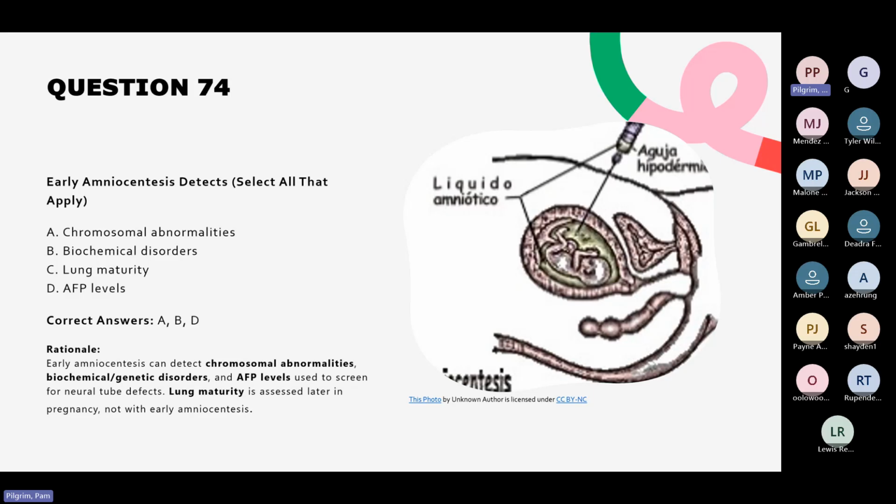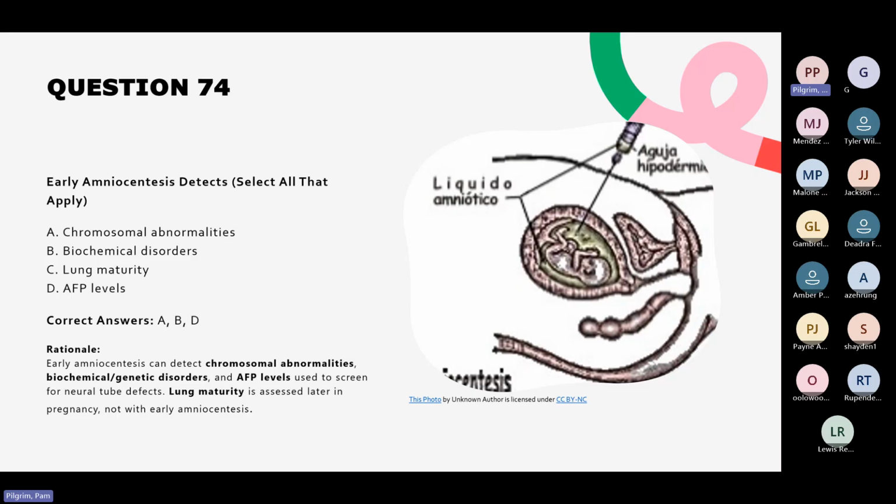So I would argue that they're not checking the alpha fetal protein levels when they're doing an amniocentesis, but they do use that to screen for, well, I guess they would test the fluid. So I guess alpha fetal protein testing of the fluid, because that is what they're using to screen. But the alpha fetal protein blood work is done at 16 weeks.